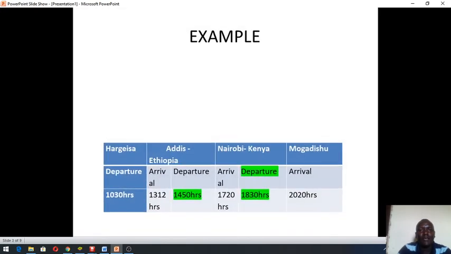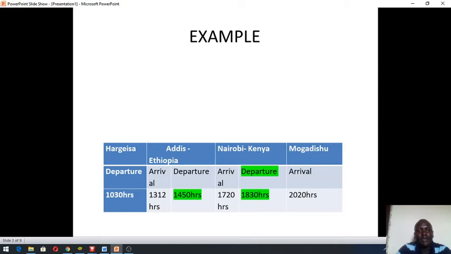Let's use an example of a travel timetable shown below to get the meaning of the travel timetables. We have 4 stations on the table: Hargeisa, Addis, that's Ethiopia, Nairobi, Kenya, Mogadishu. Departure time.